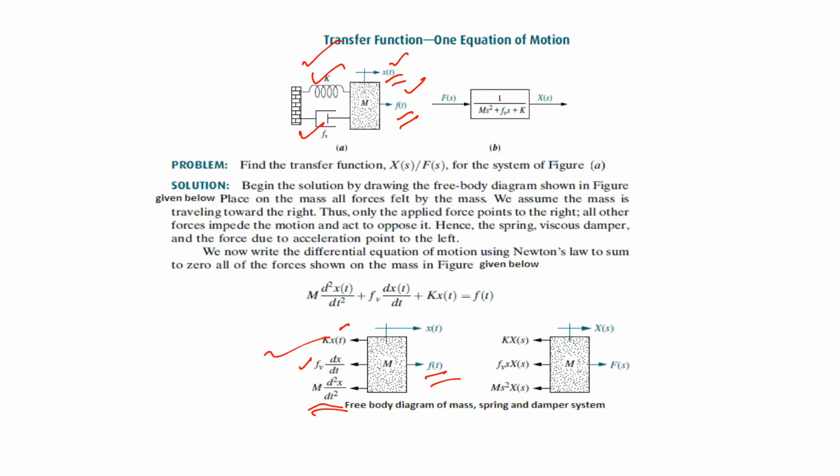So F(t) equals k x(t) plus f_v dx(t)/dt plus m d squared x(t)/dt squared. If we take it in the s domain, it is k X(s) plus f_v s X(s) plus m s squared X(s), where there is a single differential and a double differential, and we get F(s).